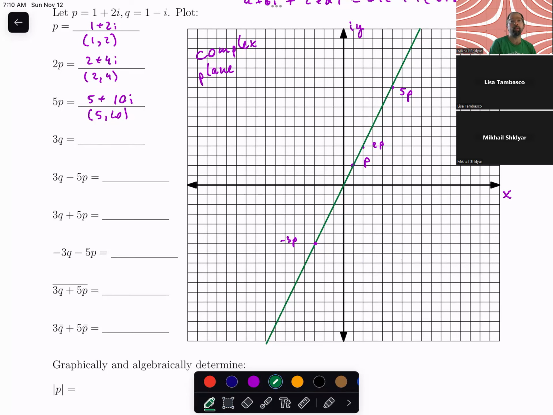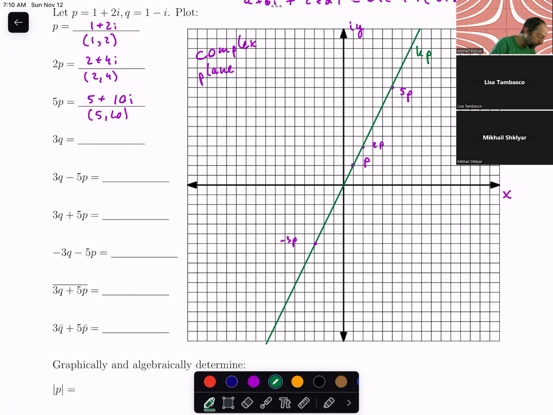This line is essentially k times p, a collection of all complex numbers which are some real number times p. This is the green line. The green line is p times some number, like 3, 7, negative pi, whatever.